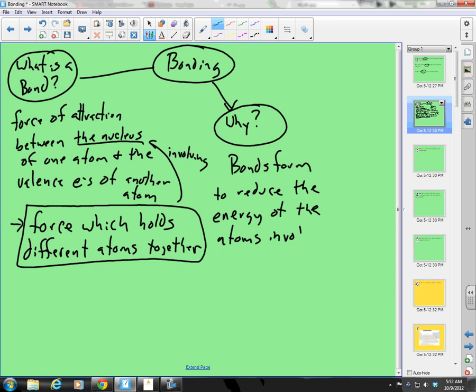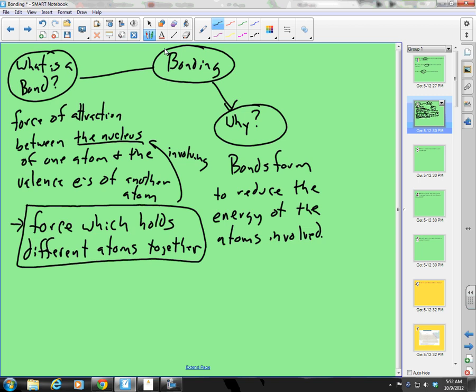And you're going to find out through our investigation in chemistry that in general, things like to go to lower potential energy because usually that means they become more stable.